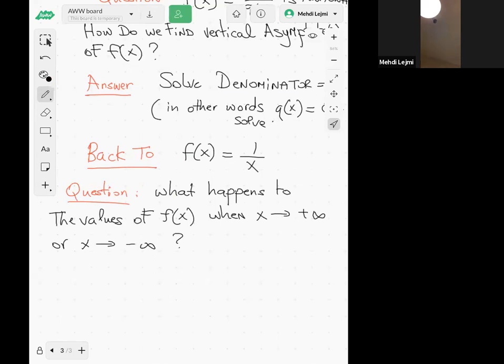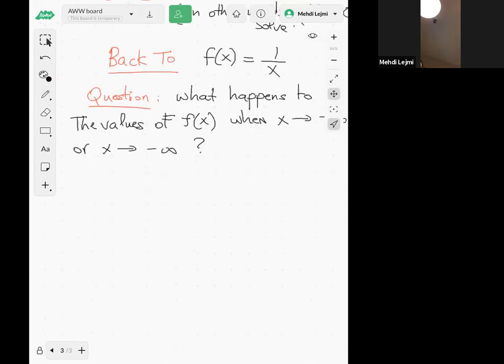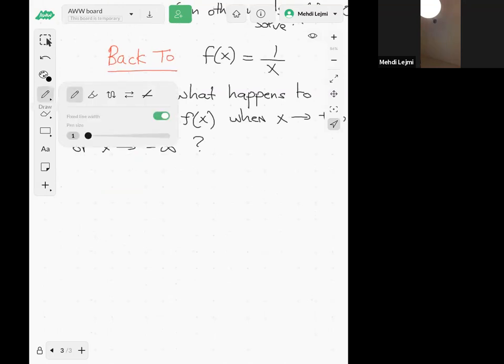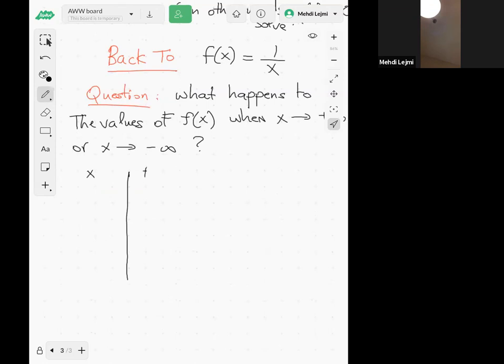So let's see. I'm gonna again make a table of values here. Here's my x, and here's my f of x, which is 1 over x. And now the values of x are gonna approach, let's say, positive infinity. So I'm gonna take very large values of x, getting closer and closer to positive infinity.